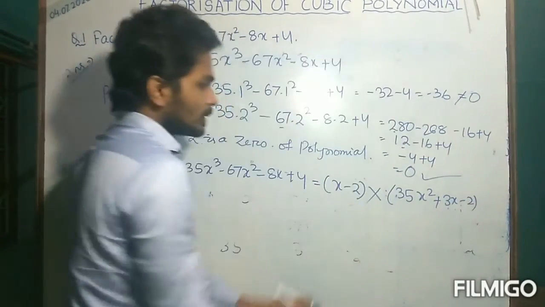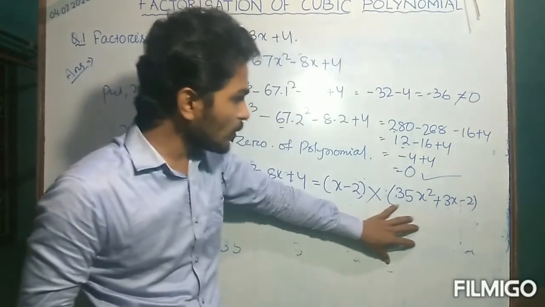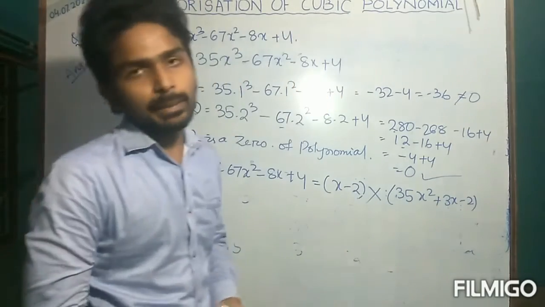Now x minus 2 is a linear polynomial, but this is a quadratic polynomial, so we need to factorize this quadratic polynomial using the middle term splitting method.